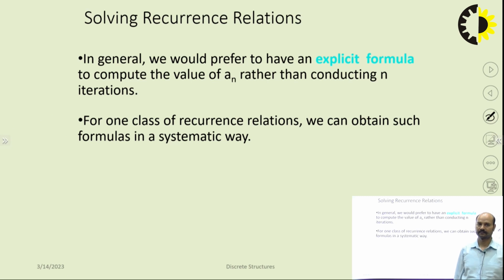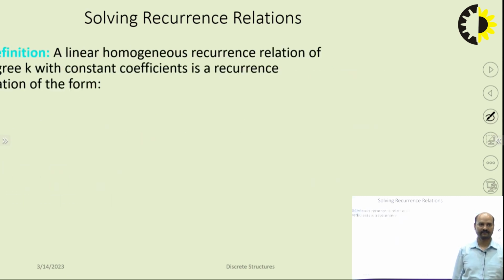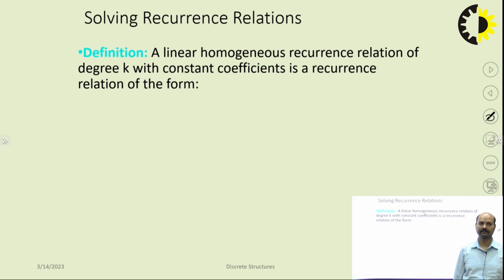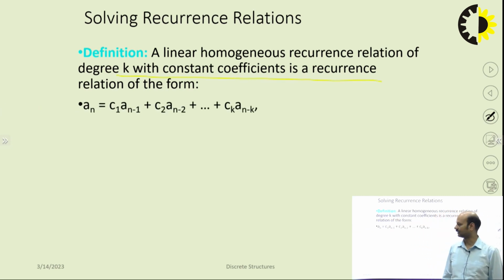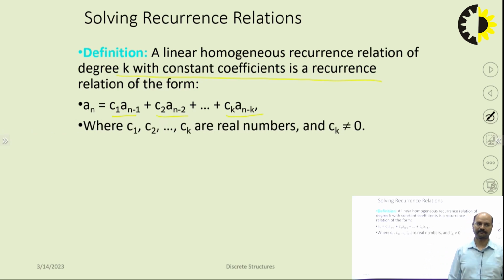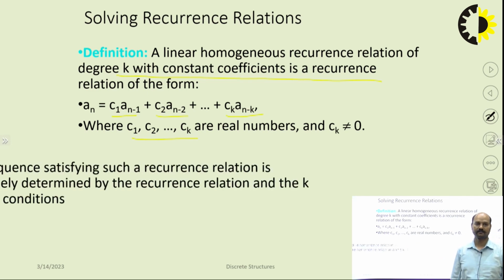So, the definition: a linear homogeneous recurrence relation of degree k with constant coefficients is a recurrence relation of the form an is equal to c1 an minus 1 plus c2 an minus 2 and so on up to ck an minus k, where c1, c2 up to ck are real numbers and ck cannot be 0.